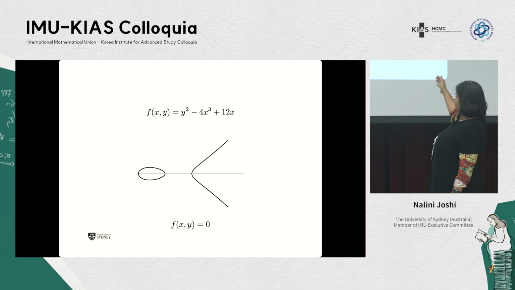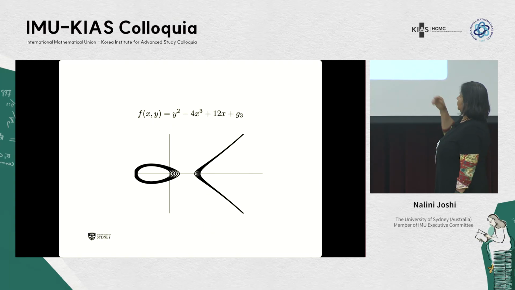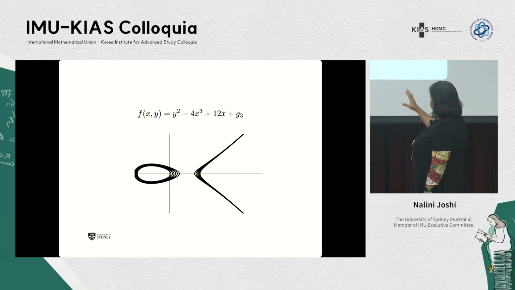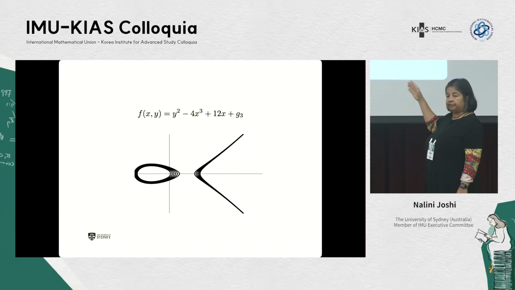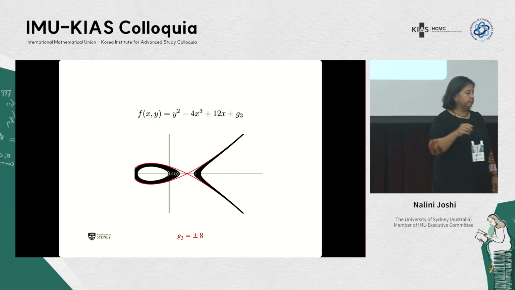And then you can keep going. Beyond that point, for other values of G3, you're going to get other curves in this diagram where you only see one real root. But in any case, it's easy to see that what you have is a one-parameter family of curves, and these families are called pencils.